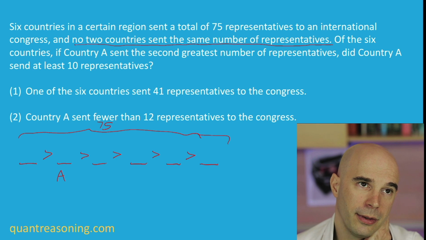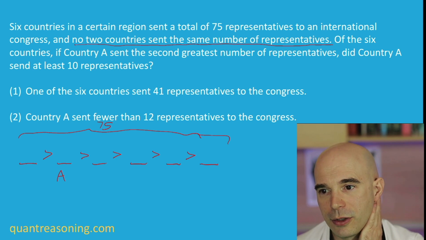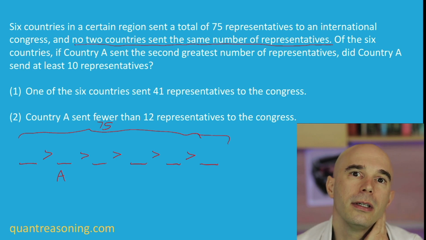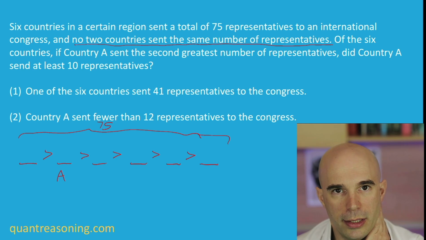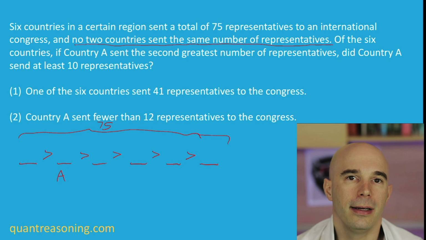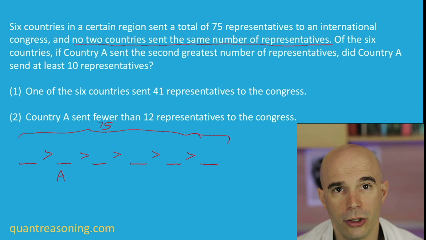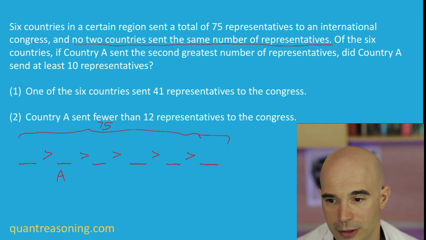So the biggest number it could be for a no is 9. So up to 9 would be a no. From 10 and up would be a yes. So 9 and 10 is kind of the cutoff. The difference between a yes and a no falls right at 9 versus 10.